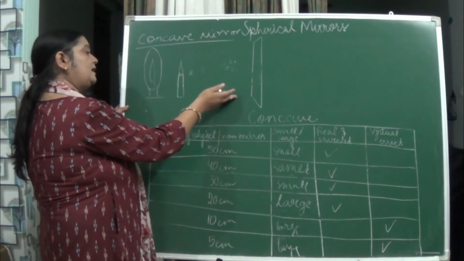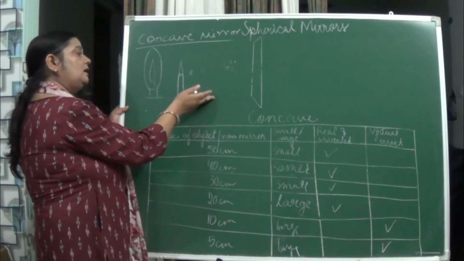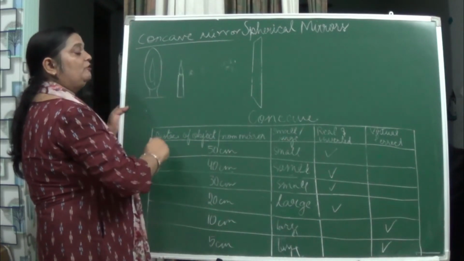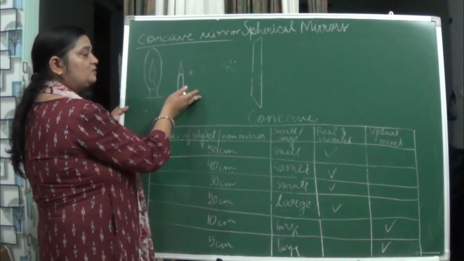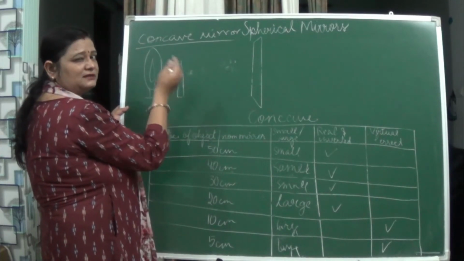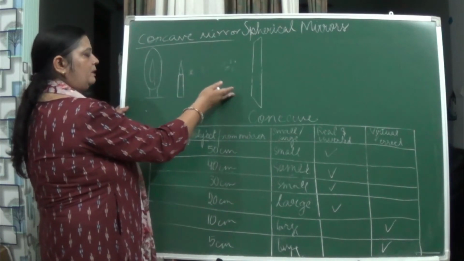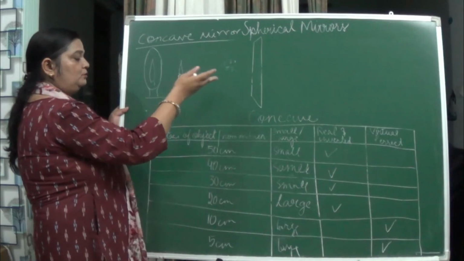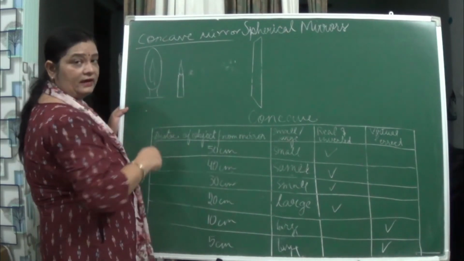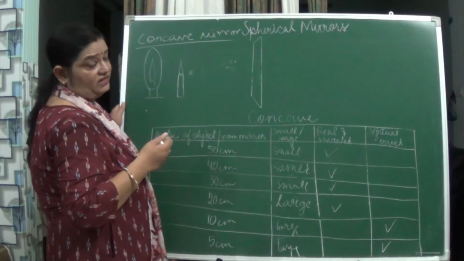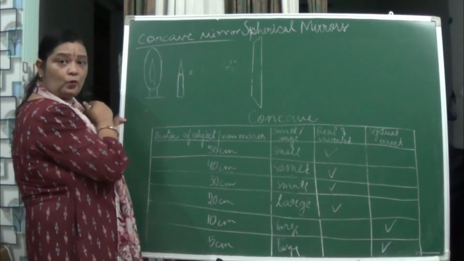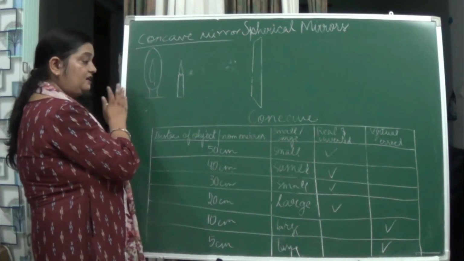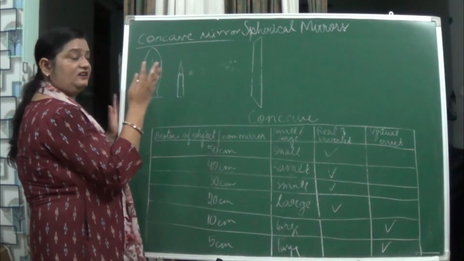As you come nearer to the mirror, it is still real and inverted and small also, but there will be a slight difference. When you come to 20 centimeter, it is now large, but real and inverted. And if it is too close, you get a virtual and erect image which is too large or magnified.